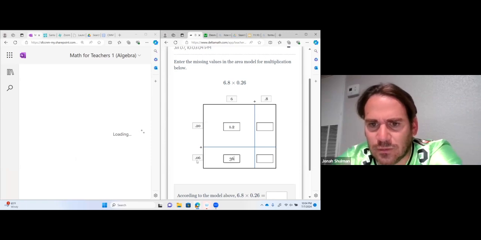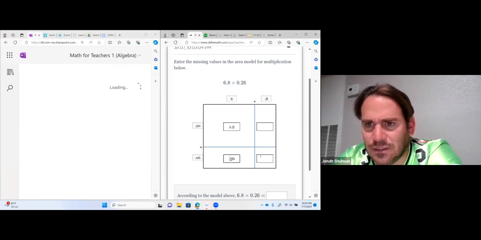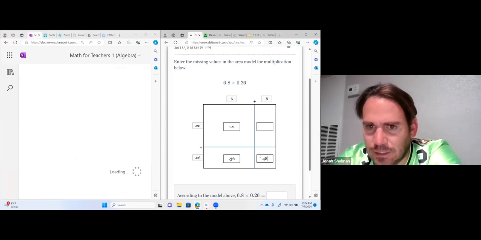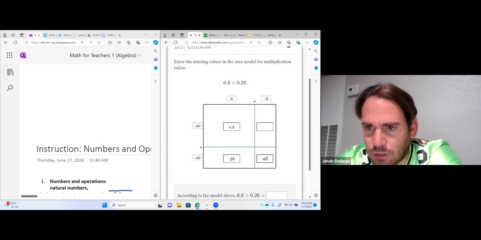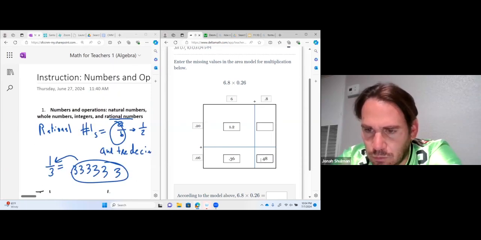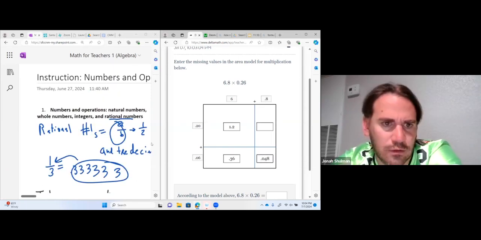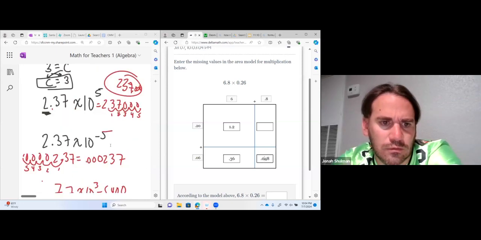And then we have how many decimals? 1, 2. So it's 0.36. 6 times 8 is 48. How many decimals do we have? We have 1, 2, 3. So this is 0.048. Nice.